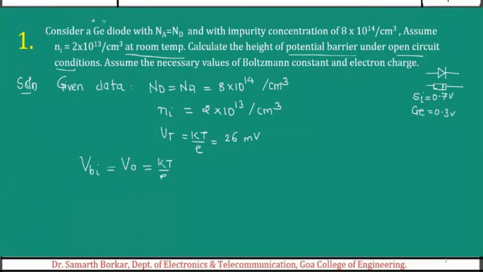VBI equals KT by E times log of NA ND by Ni square. If you solve this, the second step is to replace all these values, and the third, the answer is 0.19 volts.